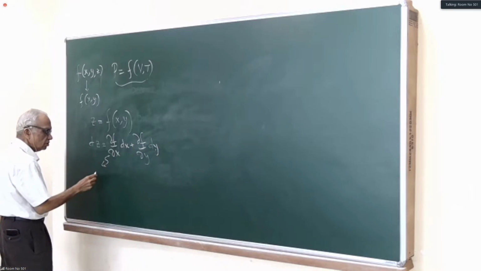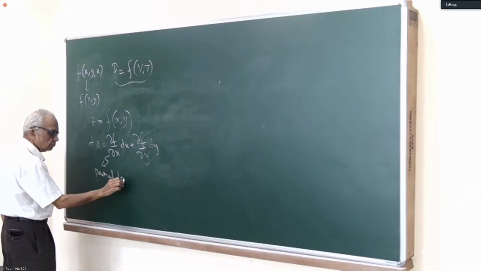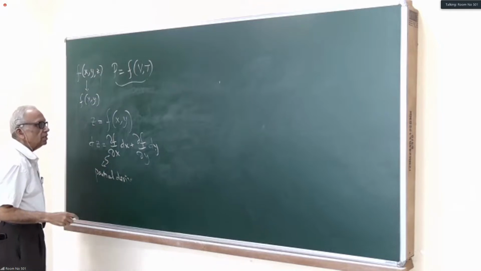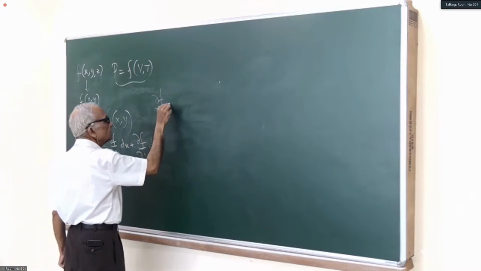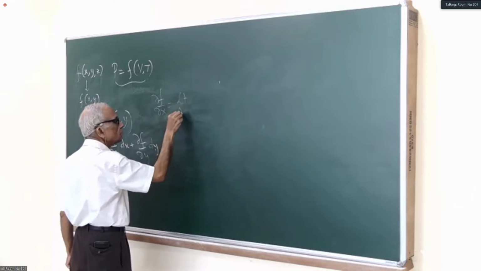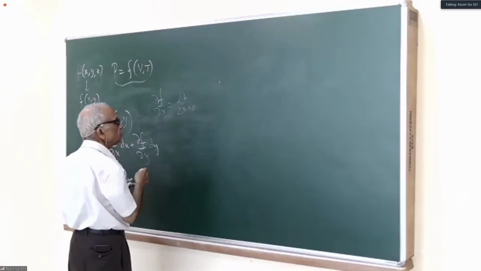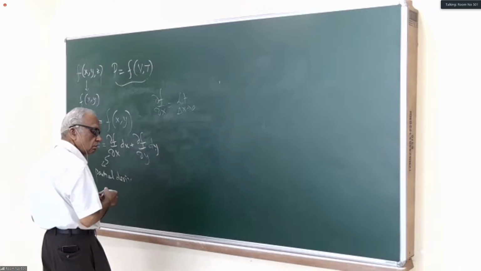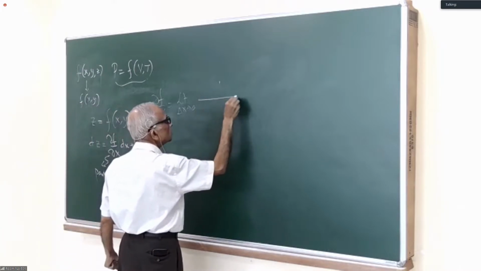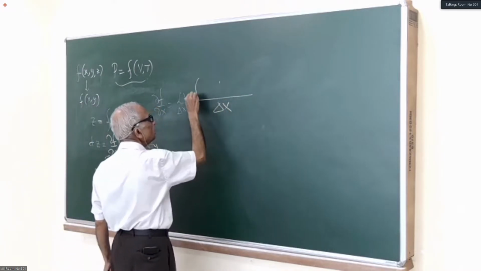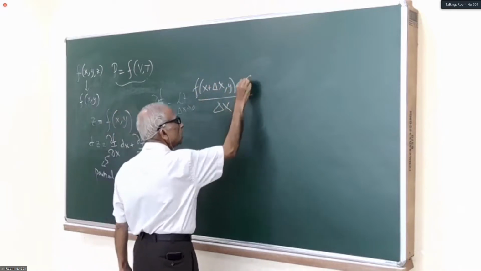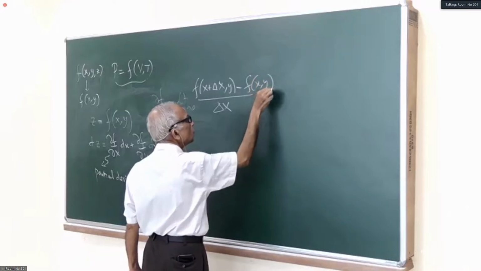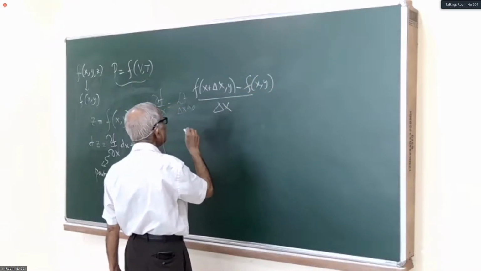These notations are partial derivatives, where del f del x means the limit as delta x tends to 0 of f(x plus delta x, y) minus f(x, y), divided by delta x.